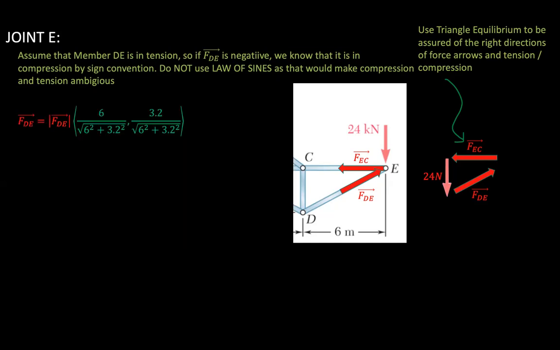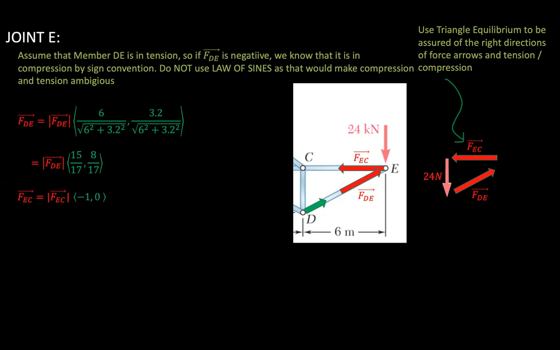So FDE is equal to the magnitude of FDE times the unit vector along the line DE, as you can see here. And that is equal to the magnitude of FDE times 15 over 17 for the X component, and 8 over 17 for the Y component.